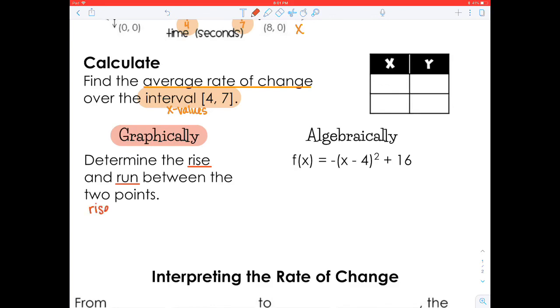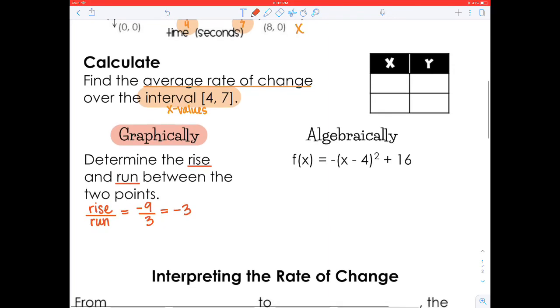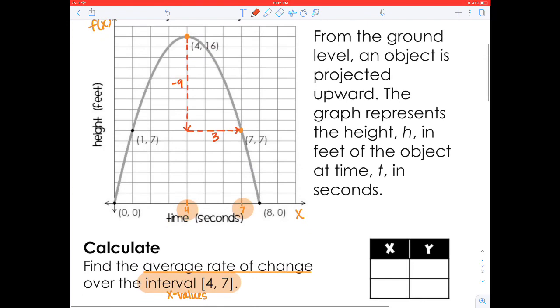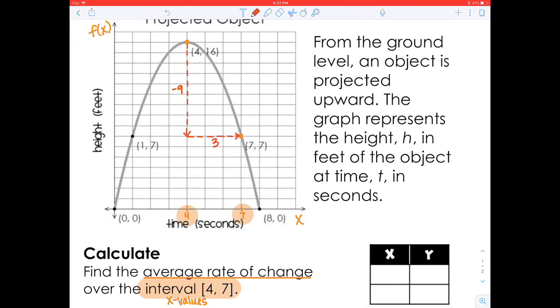Remember you divide them, rise in the numerator, run in the denominator. My rise was -9 and my run was 3. Of course we can simplify this. -9 divided by 3 is -3. So that is my average rate of change in between 4 and 7, specifically between those 2 points.